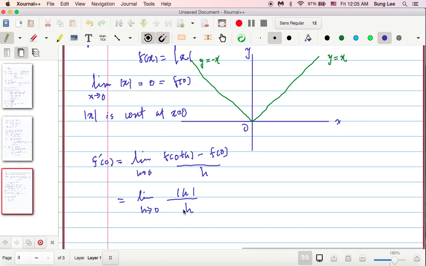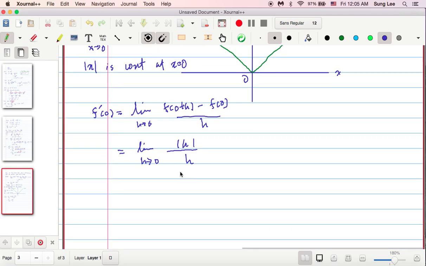Okay? So let's calculate the left-hand limit first. So the limit as h goes to 0 from the left side, right? From the left. So left-hand limit case. Since h is less than 0, the absolute value of h is going to be negative h, divided by h.